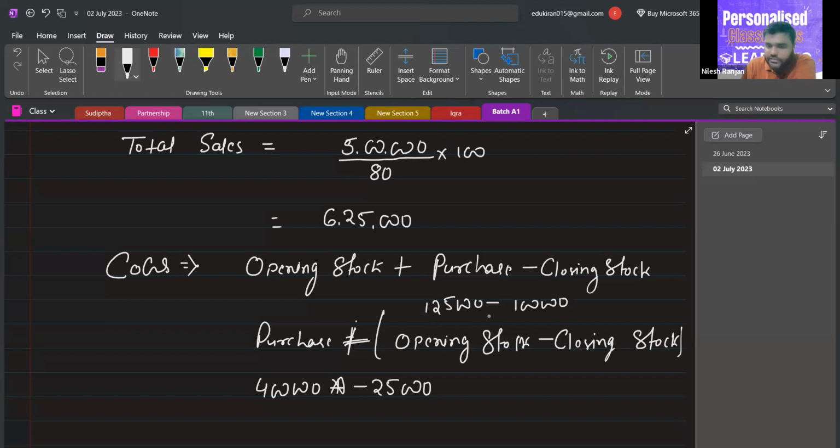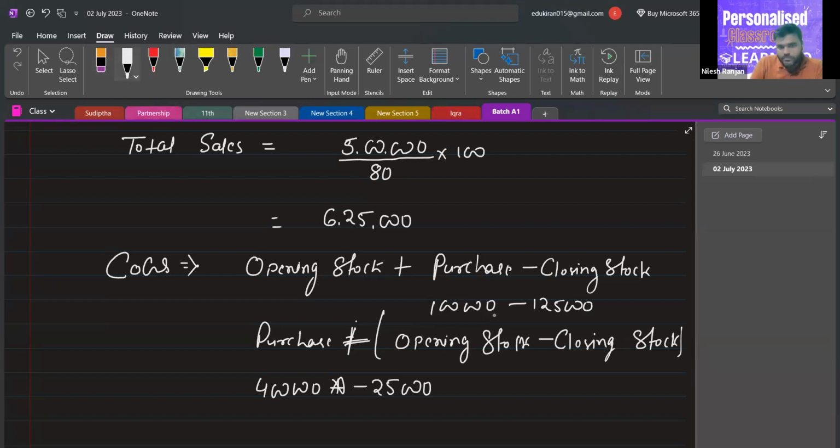It will result in the same concept, 25,000 more than closing stock. But it is saying that closing stock is in excess of opening stock, meaning closing stock is more. So you can say that opening stock is 1 lakh and closing stock is 1,25,000. So it will result in minus 25,000.